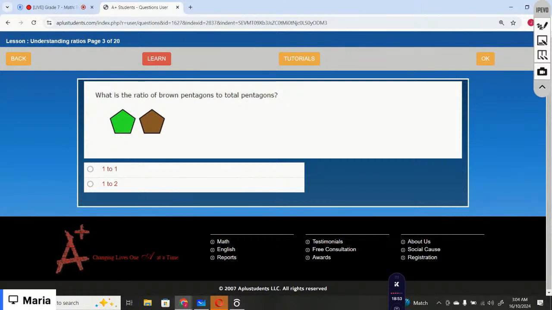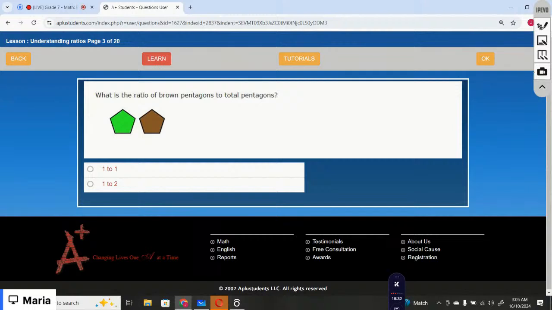What is the ratio of brown pentagons to total pentagons? So which is the correct option? You have one brown pentagon and the total pentagons are two.